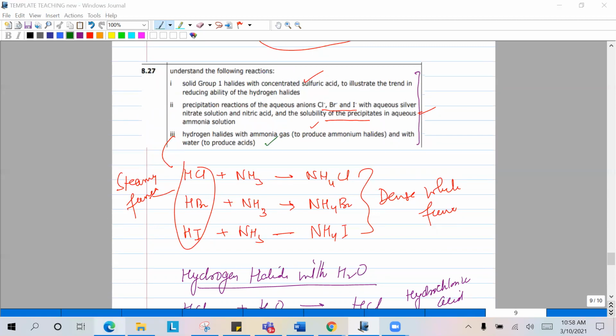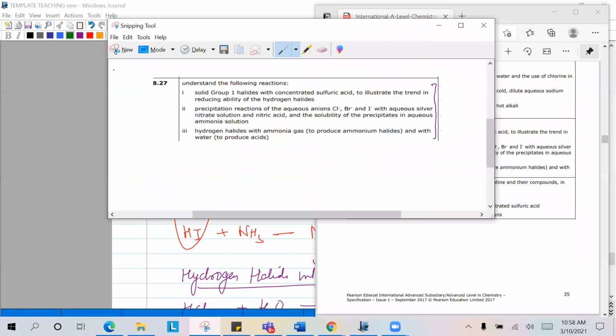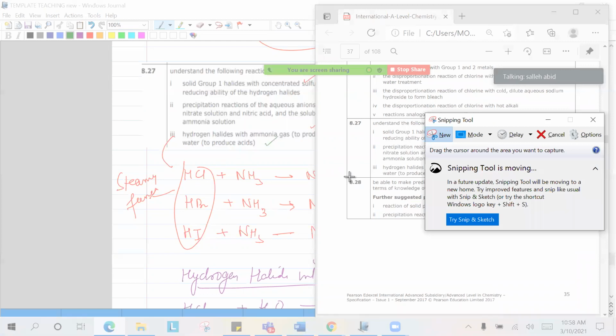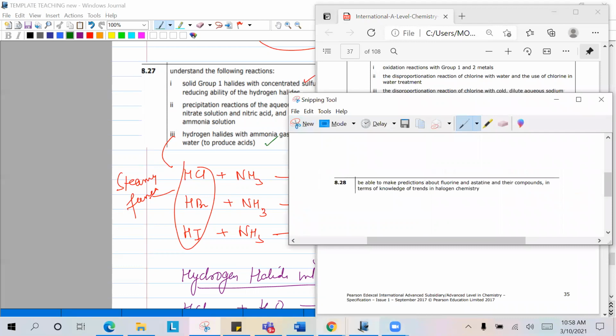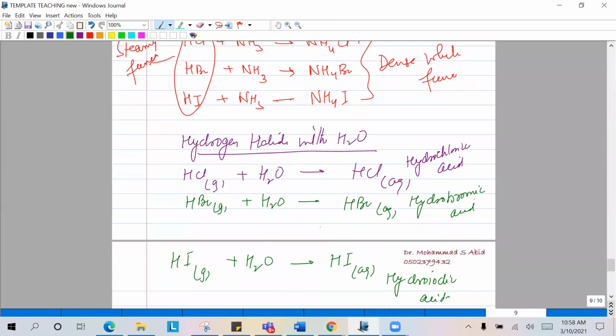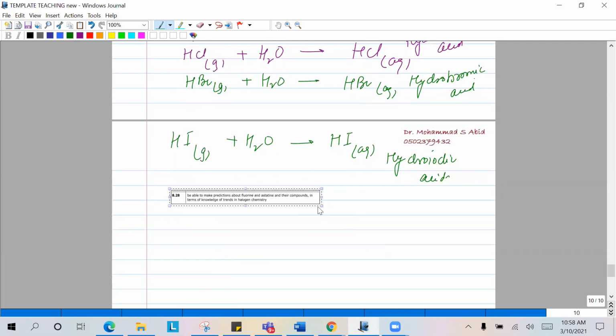So from your specification, we have talked about it. Now the last thing over here is being able to predict based on this for astatine and fluorine. So whatever we have talked about for chlorine, bromine and iodine, everything is applicable over here, except that fluorine is more reactive.